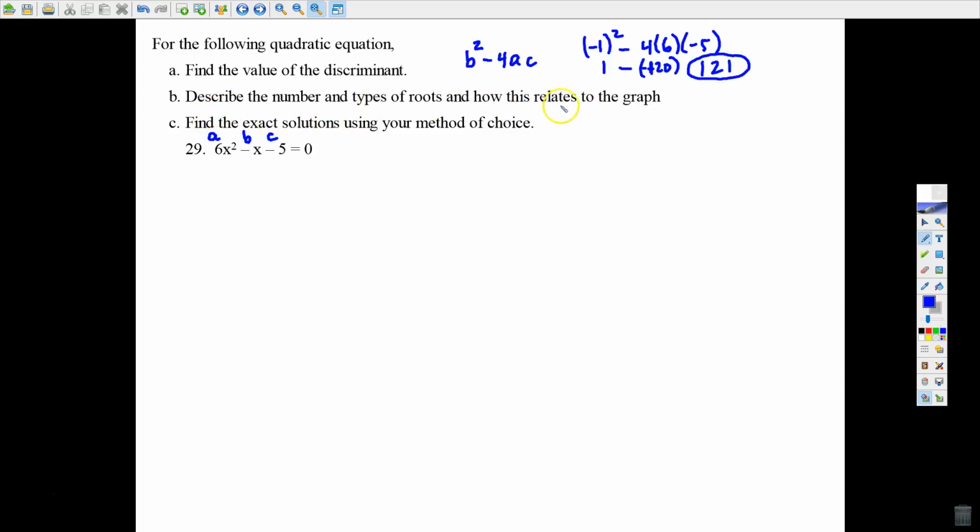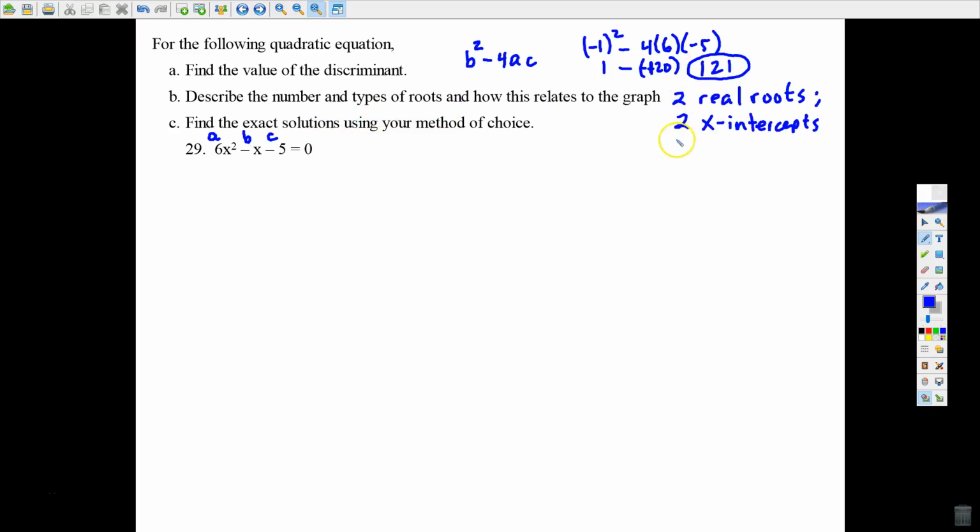The fact that the discriminant is positive means that there's going to be two real number roots. And as far as the graph is concerned, since there's two real roots, we're going to have two x-intercepts, or it's going to cross the x-axis in two different places. Alright, so just be ready.